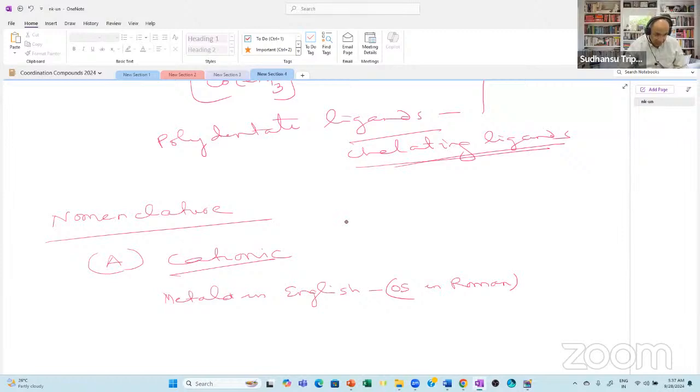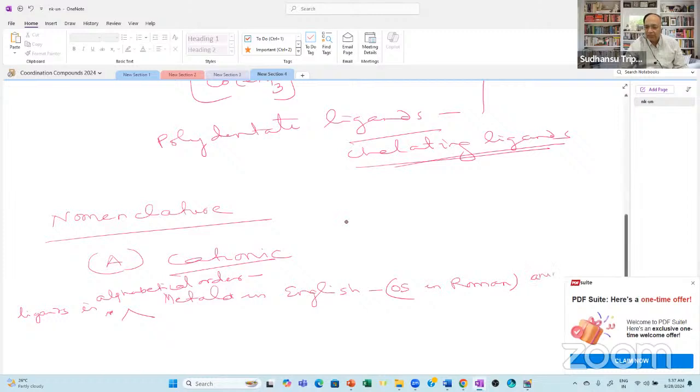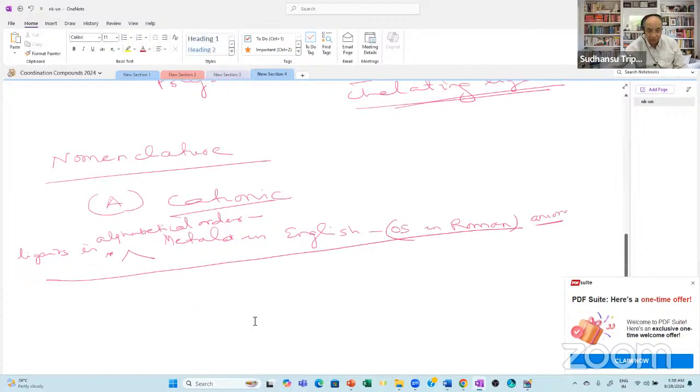First is the ligands in alphabetical order, followed by metal ion in English, and immediately after, within parentheses, the oxidation state in Roman, followed by the counter anion with a space, one space, name of the anion. But there is no space in between, just like in organic nomenclature you found.